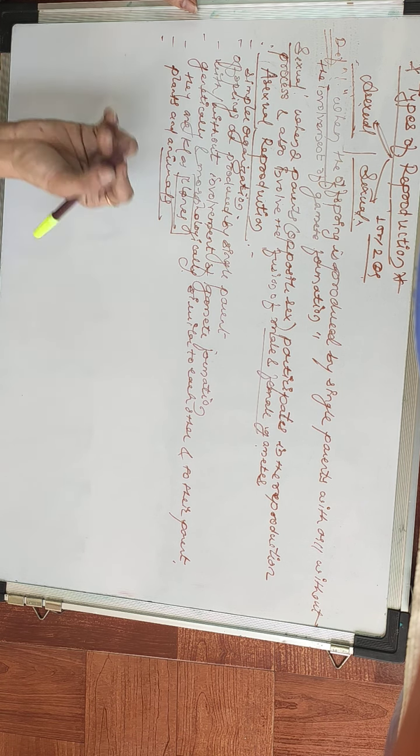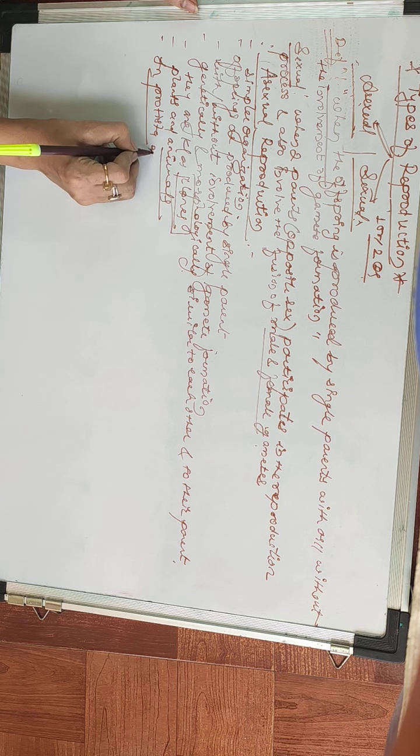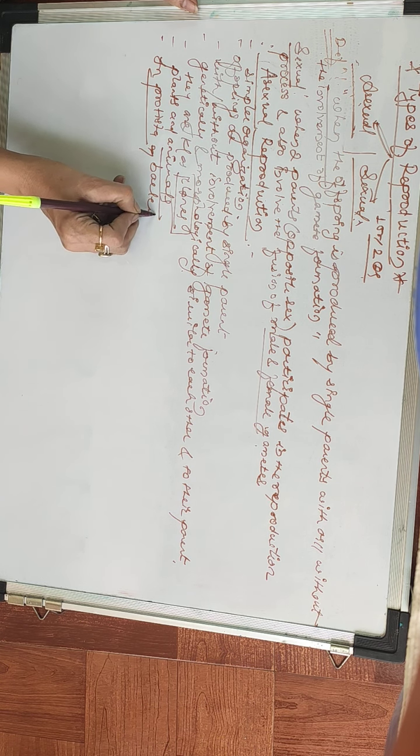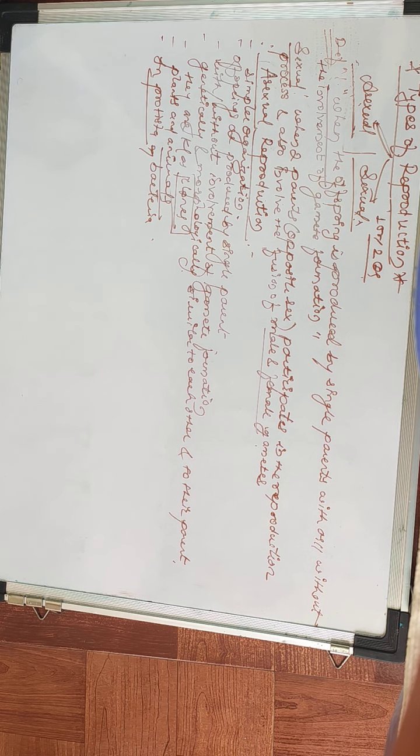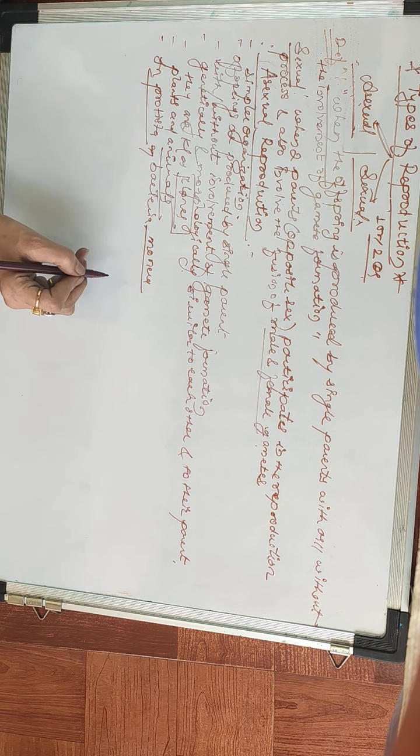For example, in protista, there is bacteria. Another group is called Monera, or we can say Monerian.